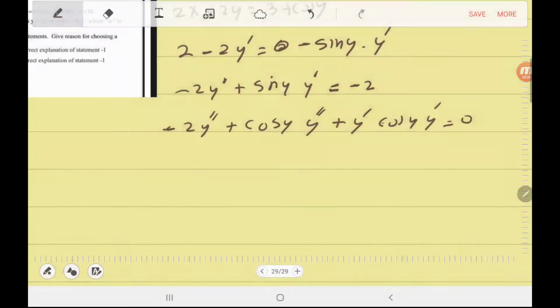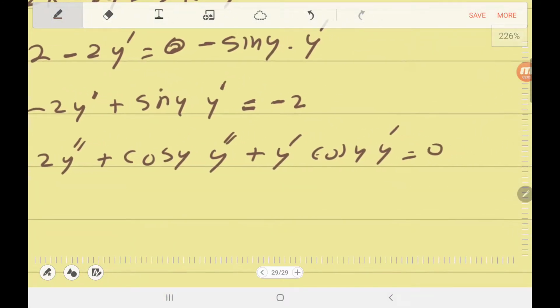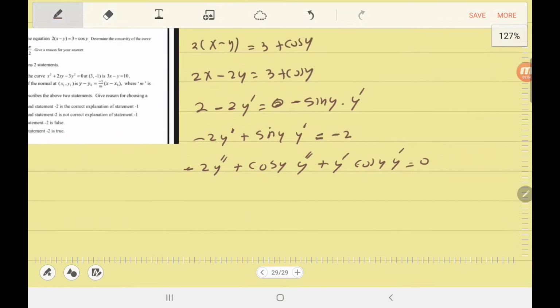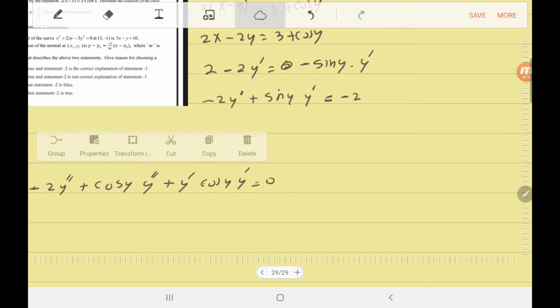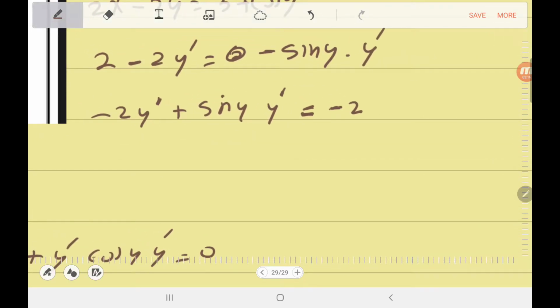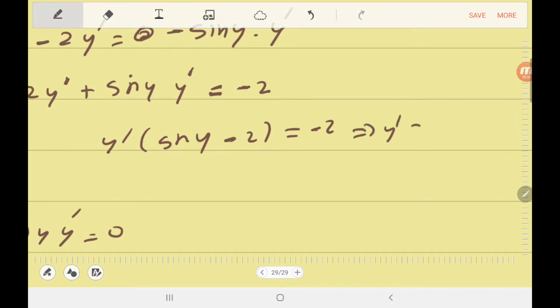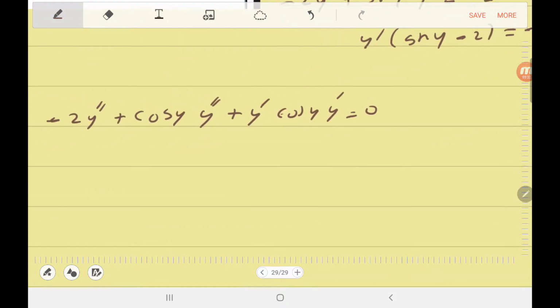So let me just put the y prime here. So y prime is equal to minus 2 over sine y minus 1. That's y prime.